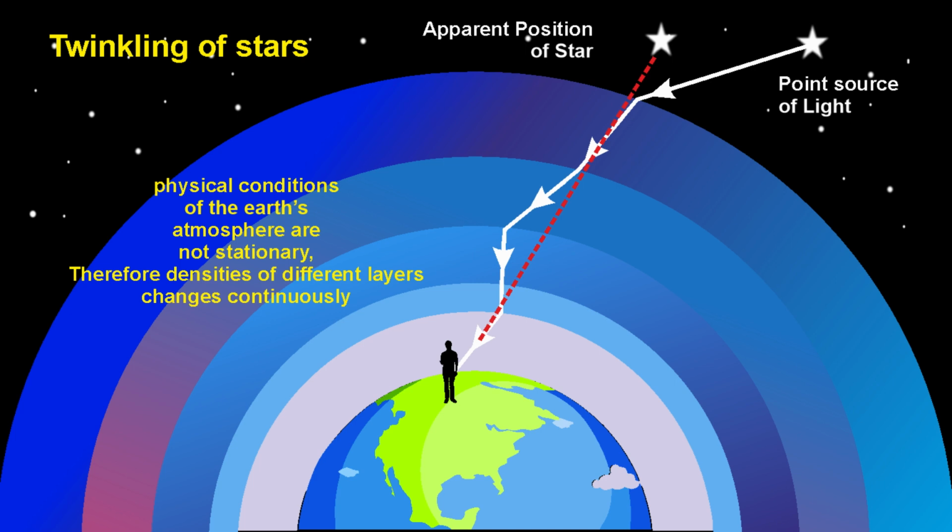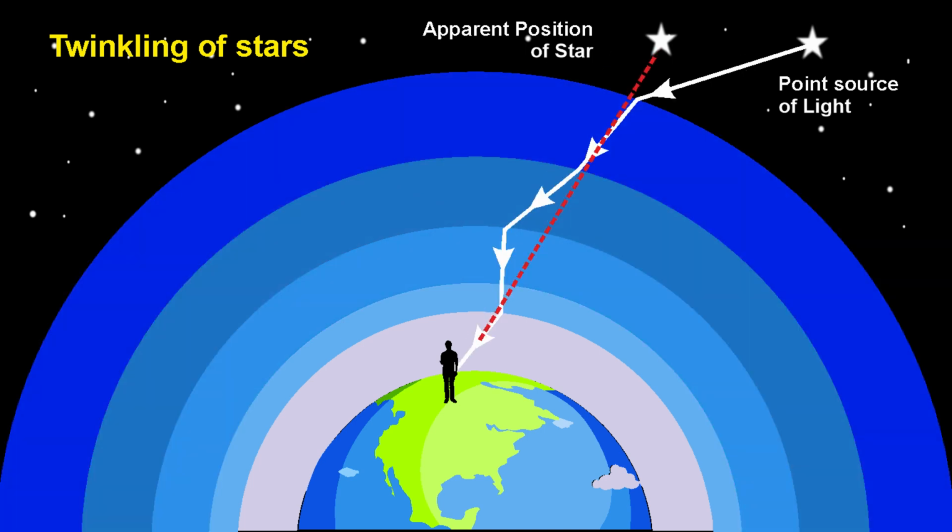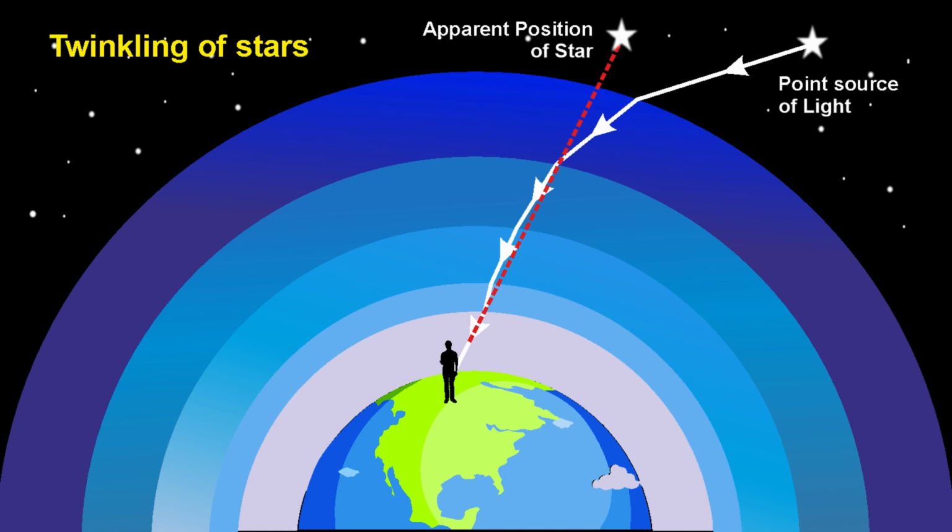Since the atmosphere bends starlight towards the normal, the apparent position of the star is slightly different from its actual position. The star appears slightly higher than its actual position when viewed near the horizon. Further, this apparent position of the star is not stationary but keeps on changing slightly.